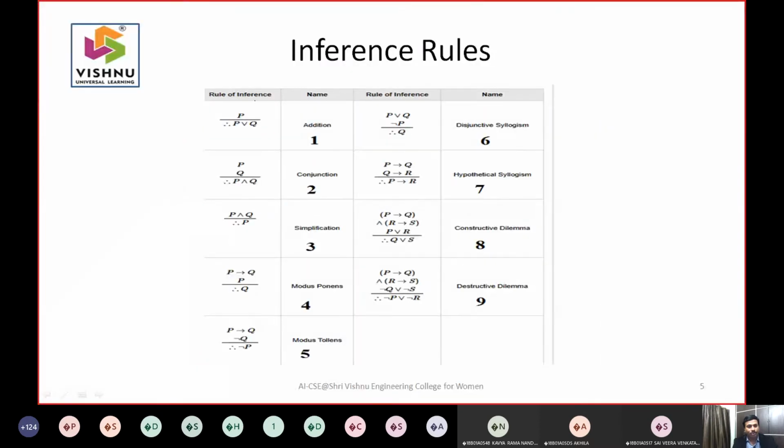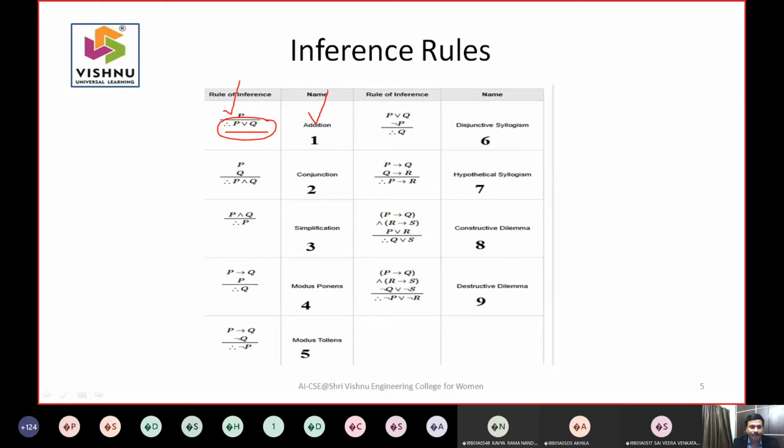So you have a rule that if you have P, you can OR any statement, and this statement is an inference and this is a fact. If P is a fact, P OR Q is also a fact. So the name of the rule is addition.